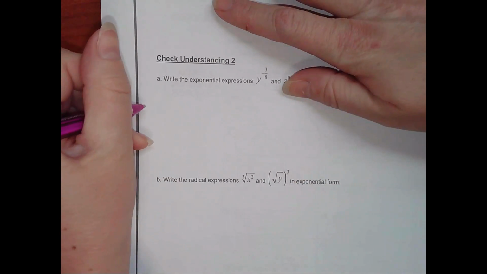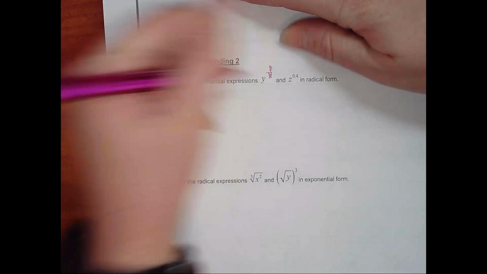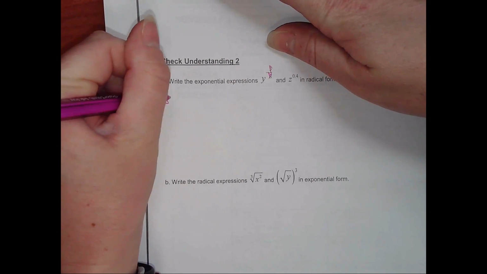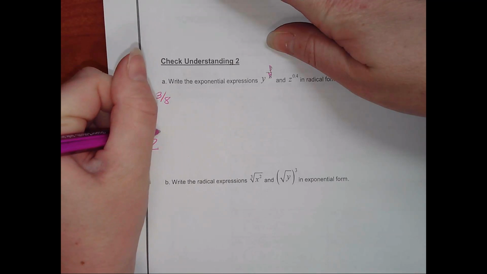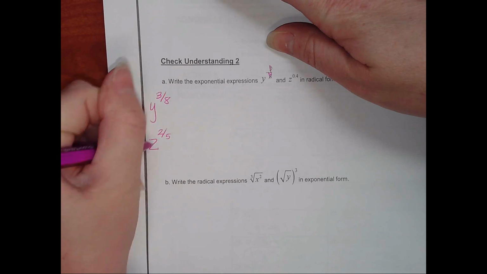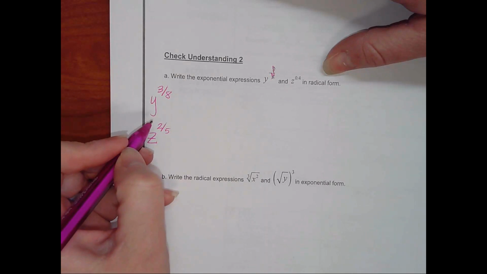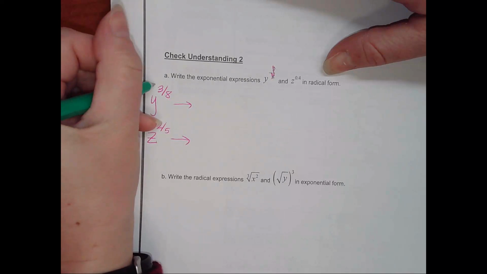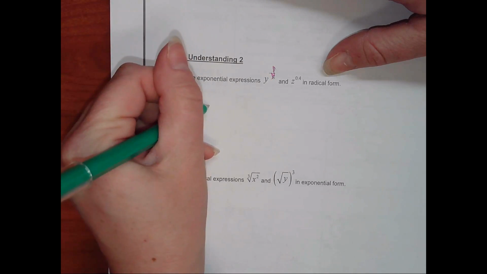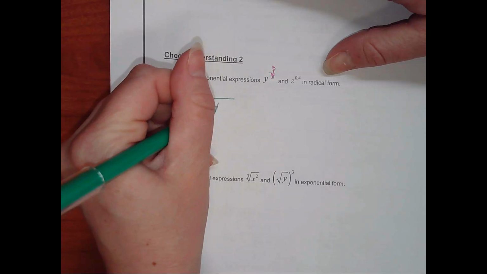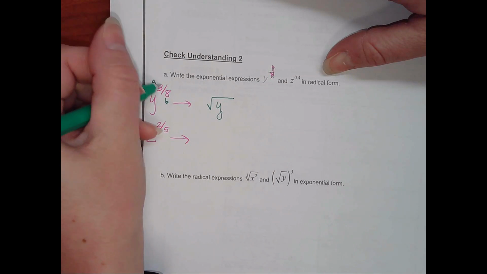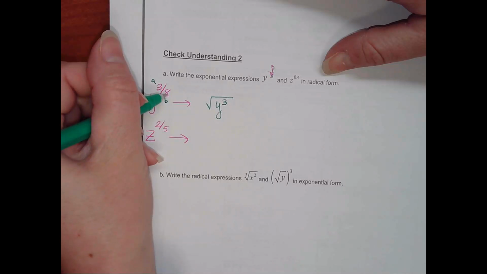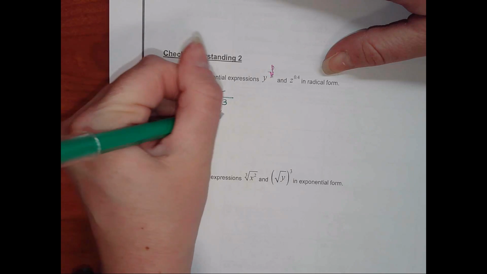If I give you y to the 3/8 and z to the 2/5, and I want to write them in radical form, again, this is my A, this is my B. I write my radical, I put y underneath, A is the exponent, B is my root, and that's it.